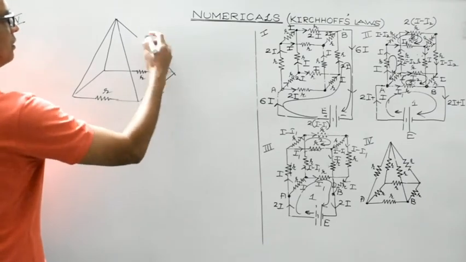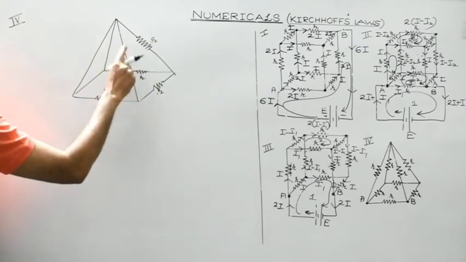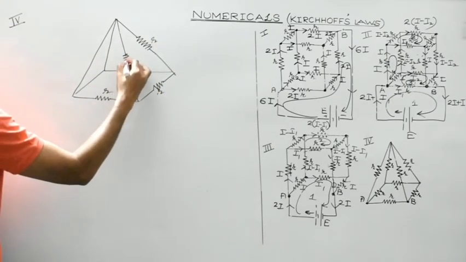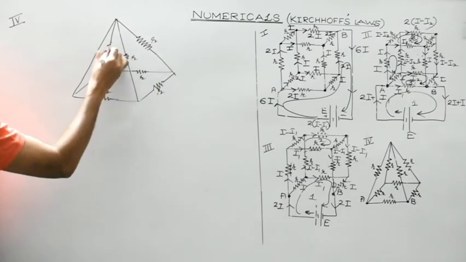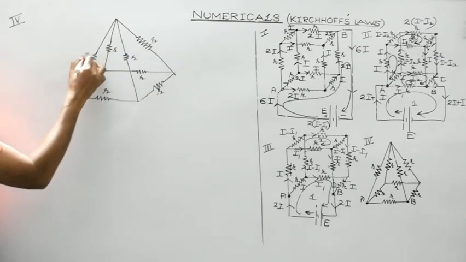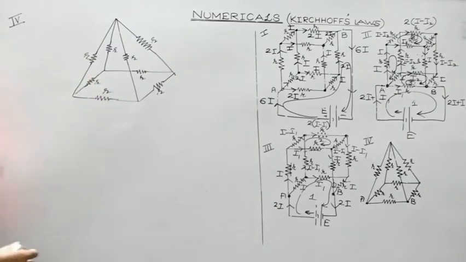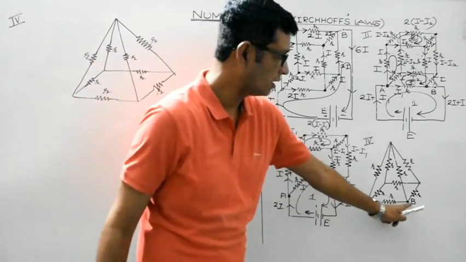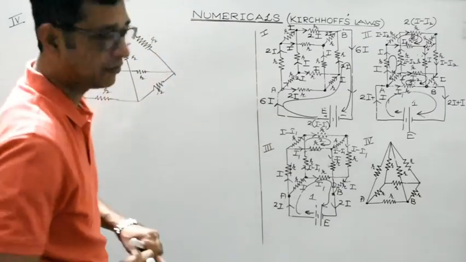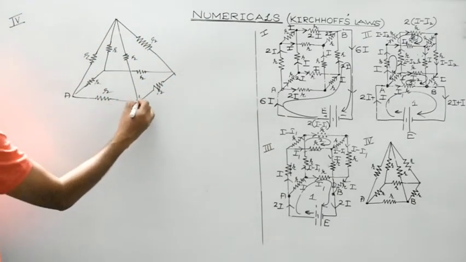So this is the diagram basically. So we are supposed to find out the effective resistance between the points A and B. Okay, this is the diagram. The points are A and B. Between these 2 points, the effective resistance needs to be determined.